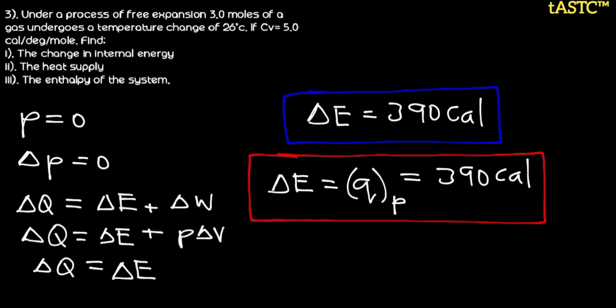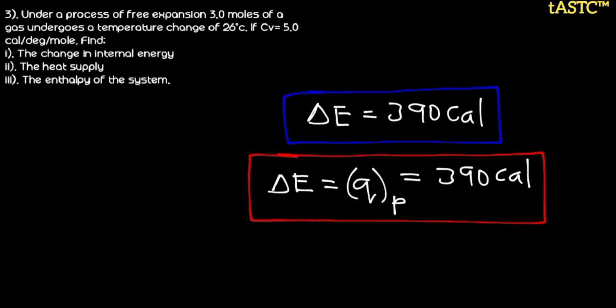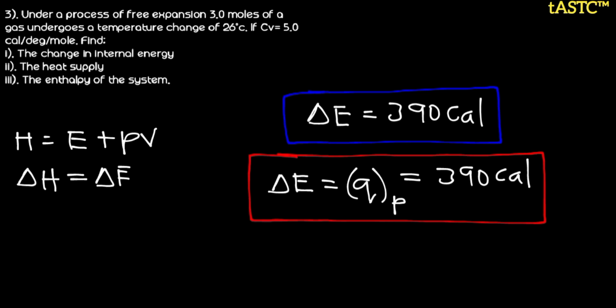Now the last one there is for us to find the enthalpy of the system. Now, enthalpy, H, is equal to E plus PV. If you wanted to find the change in this, it is going to be dH, and this will be dE plus delta PV.